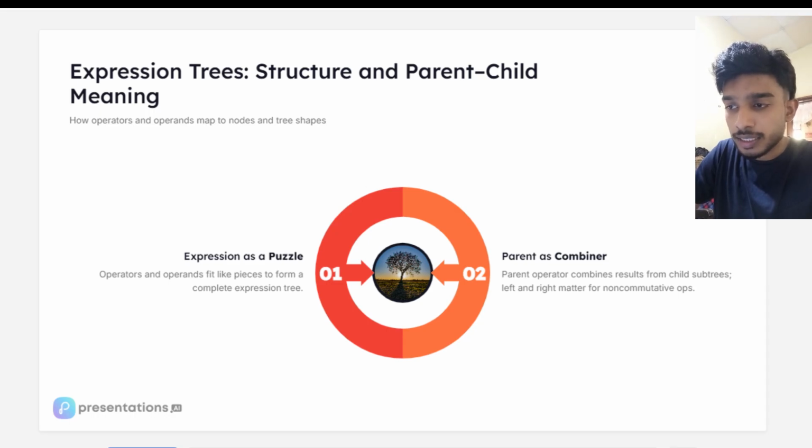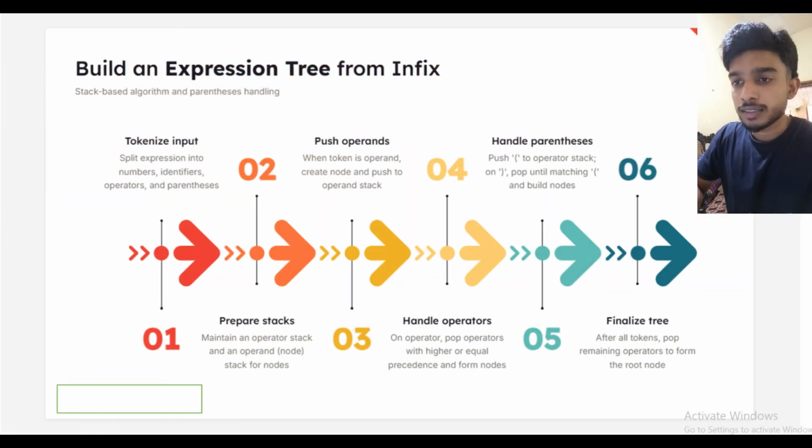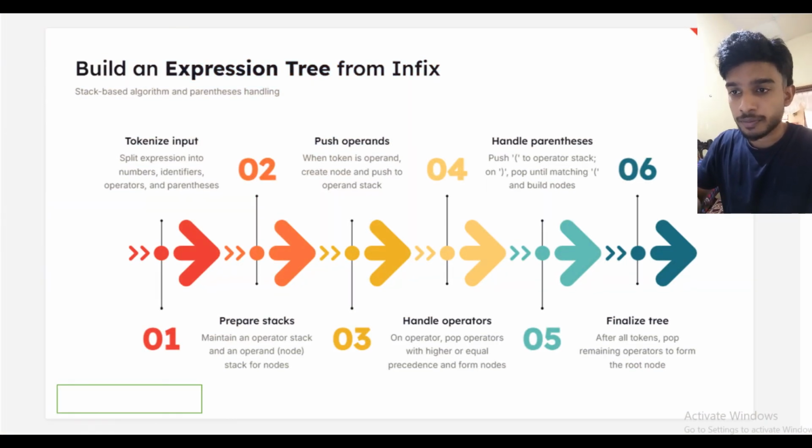This order is critical for a non-commutative operation like subtraction or division. The left child is the first operand and the right child is the second. The subtree enforces the order, which is why it is so unambiguous. Now you can see the diagram.